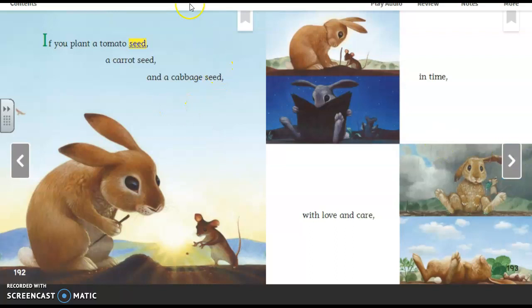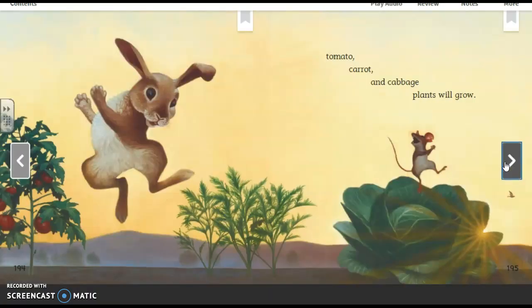If you plant a tomato seed, a carrot seed, and a cabbage seed, in time, with love and care, tomato, carrot, and cabbage plants will grow.